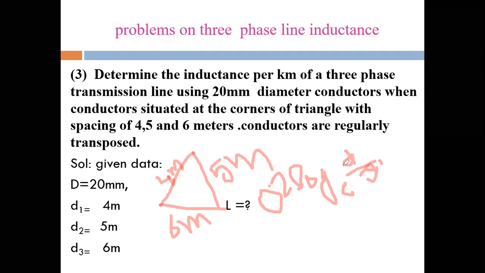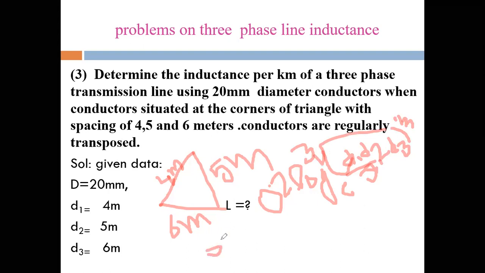But in this problem we have different distances, that is d1, d2, and also d3, to the power 1 by 3, or otherwise written as the cube root of d1 d2 d3 by r dash.